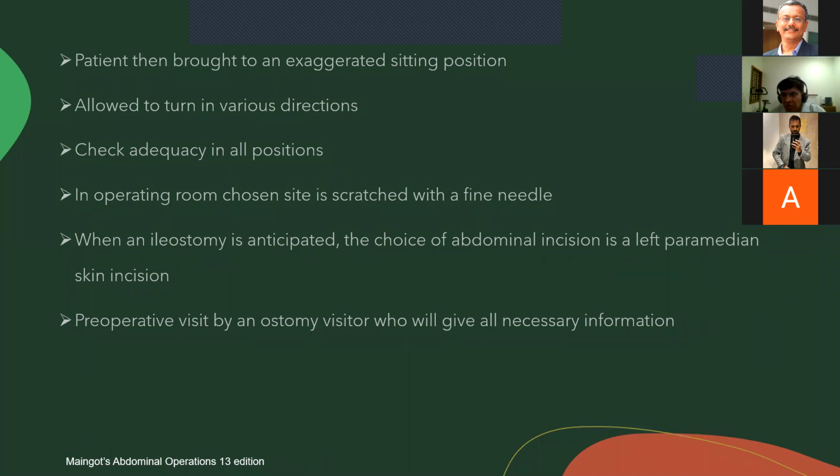So they have to be explained that it is not a dangerous thing. It can be managed with precautions, and they should not be worried, because in most cases ostomies will be done in malignant cases or in inflammatory bowel disease, where they will be required for a long duration of time, and they will not be happy having that there. So these topics of ostomy, how to manage it and keep it clean, what complications may arise, and how to manage them, should be addressed to the patient pre-operatively.